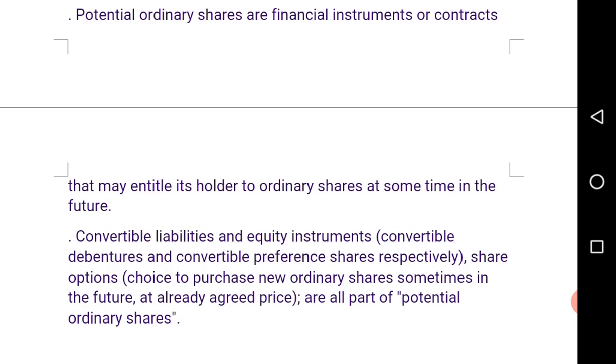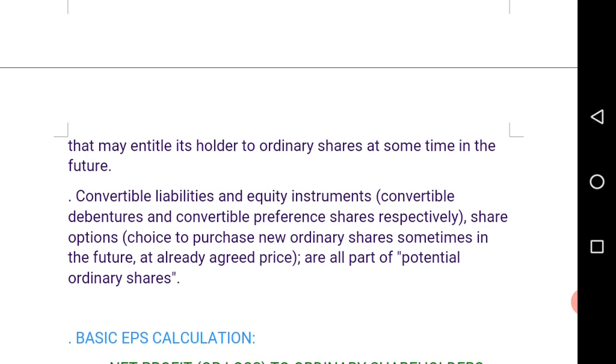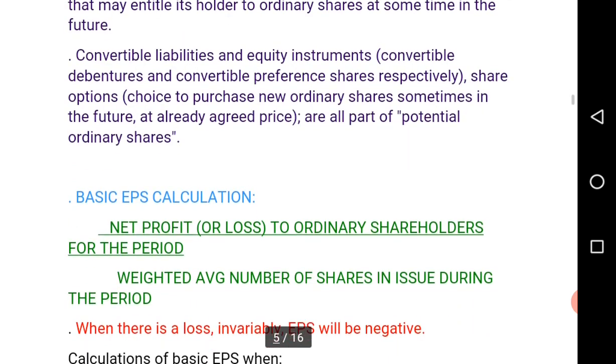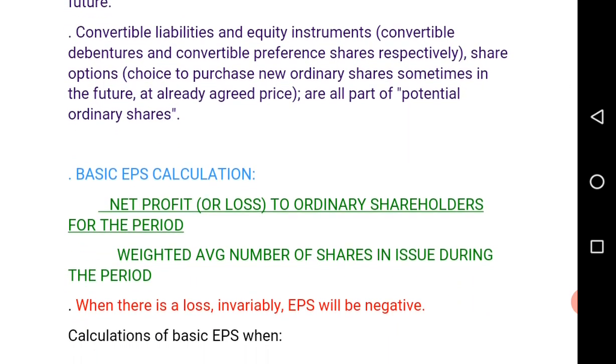So we have the share option, the choice to purchase new ordinary shares sometime in the future at an already agreed price. These are all part of potential ordinary shares or convertible ordinary shares. So we have the basic EPS calculation: net profit or loss to ordinary shareholders for the period divided by the weighted average number of shares in issue during the period.